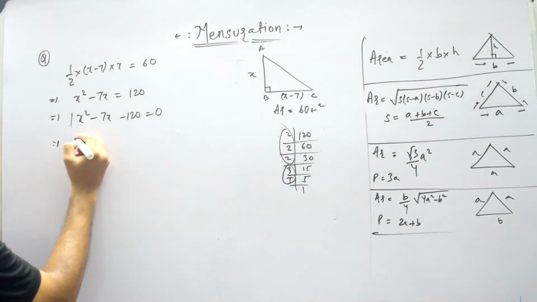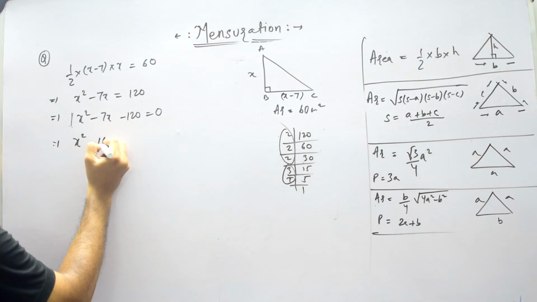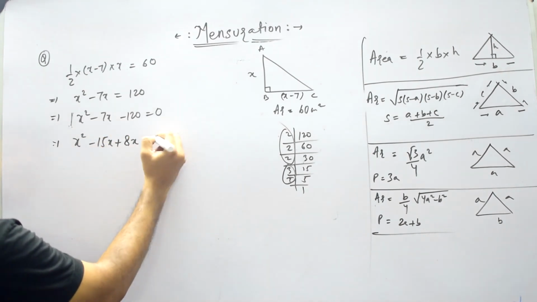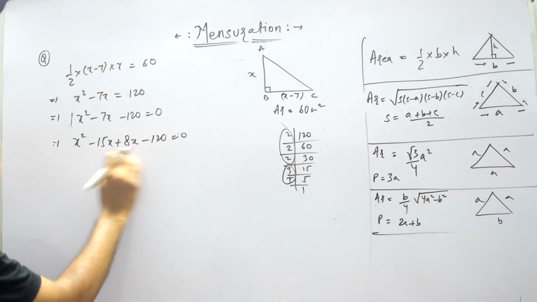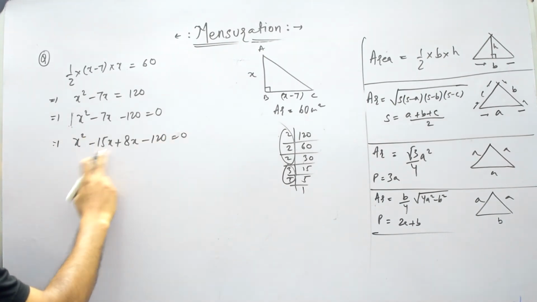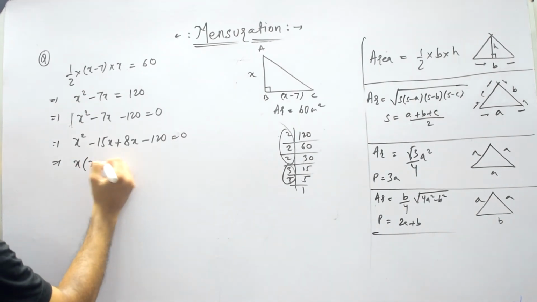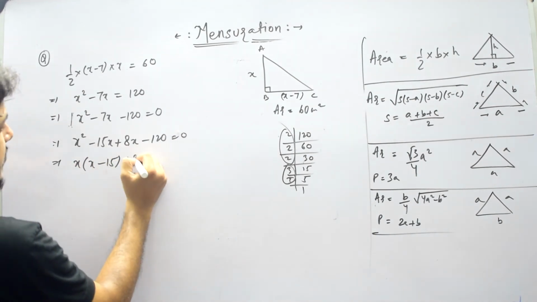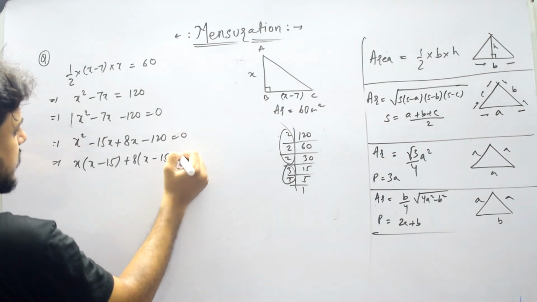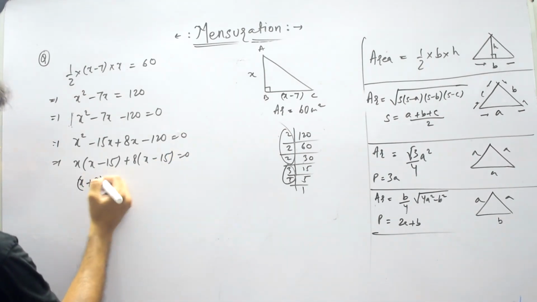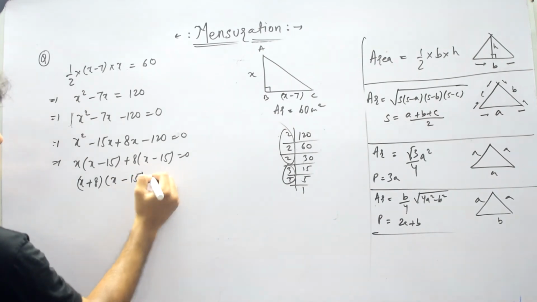So I will write it like this: x square minus 15x plus 8x minus 120 equals 0. After adding, I will get minus 7x. Now I will take common from these two terms: x minus 15 and x plus 8, so it becomes (x minus 15)(x plus 8) equals 0.